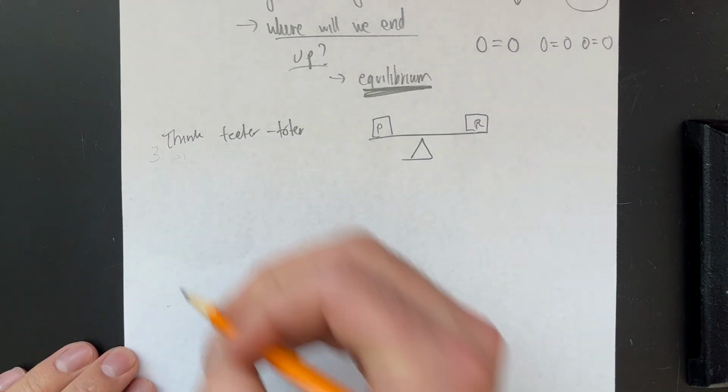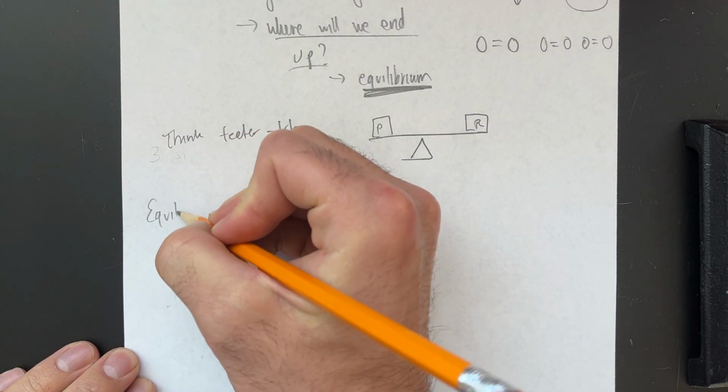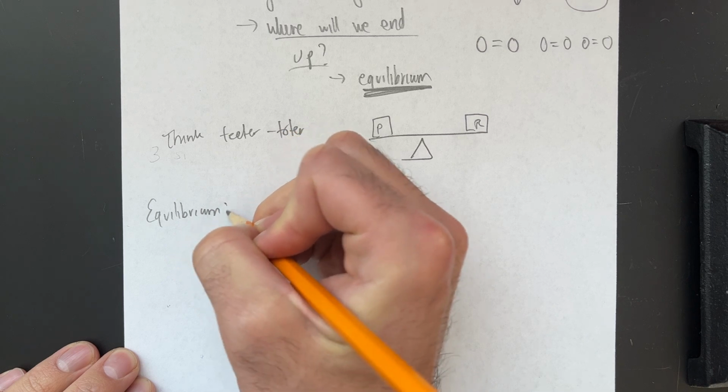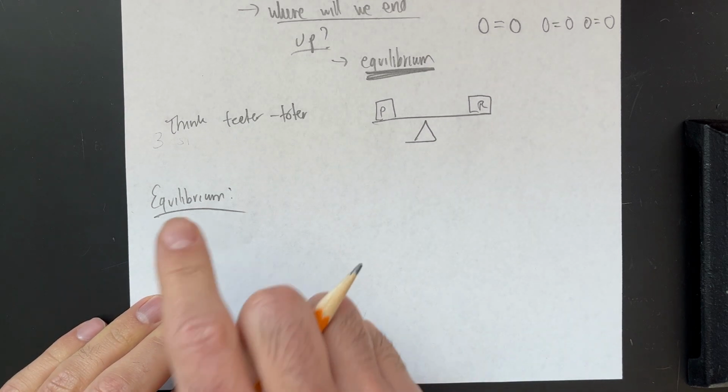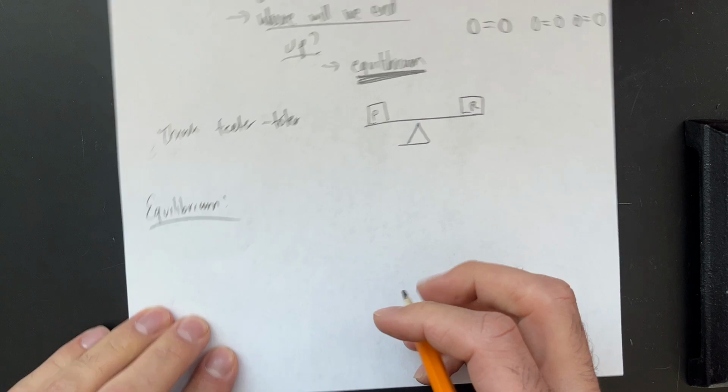The definition of equilibrium is a reaction has reached equilibrium when the rate forward of a reaction is equal to the rate reverse of a reaction. And so it looks like nothing is happening. There's no observable change in our chemical reaction, but there is. We are going back and forth. It's just equal to one another, and as a result, it seems like nothing is happening here.